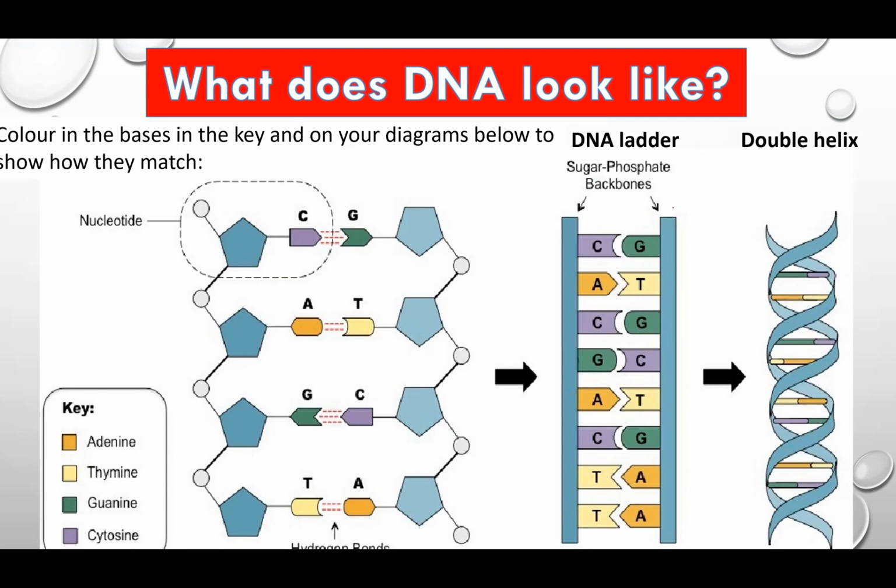And you can see our sugar phosphate backbones where it's unwound, and you can see them joining together with the different shapes. And this is important, because you will also see this model, this one that's been unwound here, at the back of my classroom, hanging up as a big banner.